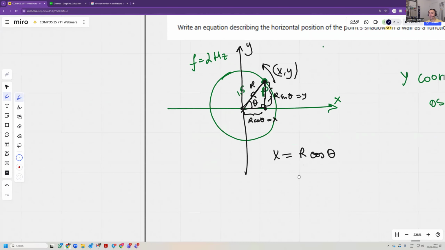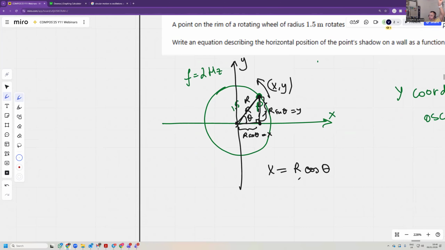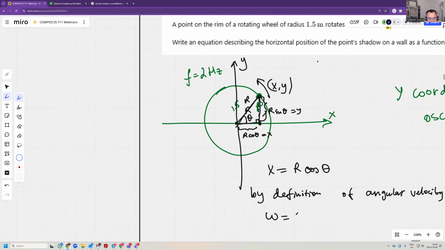Now, what is theta? Well, theta is the angle it turns through. By definition of angular velocity, angular velocity is the change of angle divided by change in time.